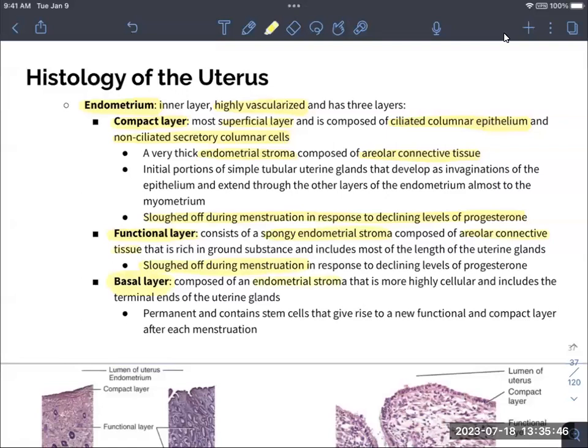We have more of those endometrial stroma cells. It's highly cellular. There's lots of cells going on in there. But this is a permanent layer because the basal layer contains stem cells. So these are the layer of cells that are going to regenerate both that functional and that compact layer at the top.